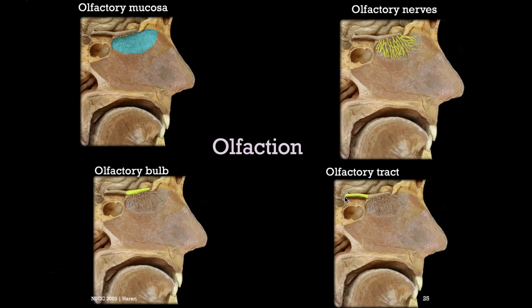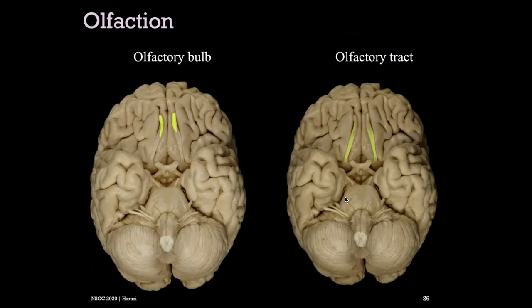Those go on the underside of the frontal lobes, where they go to the primary olfactory cortex. And from there, we know that there are secondary destinations like the insula and the orbitofrontal cortex.